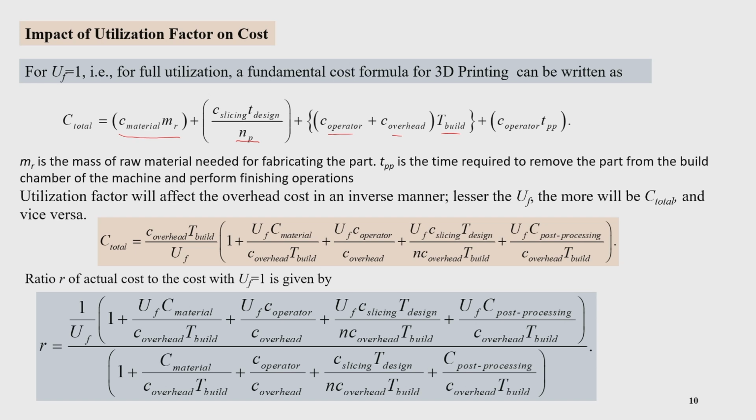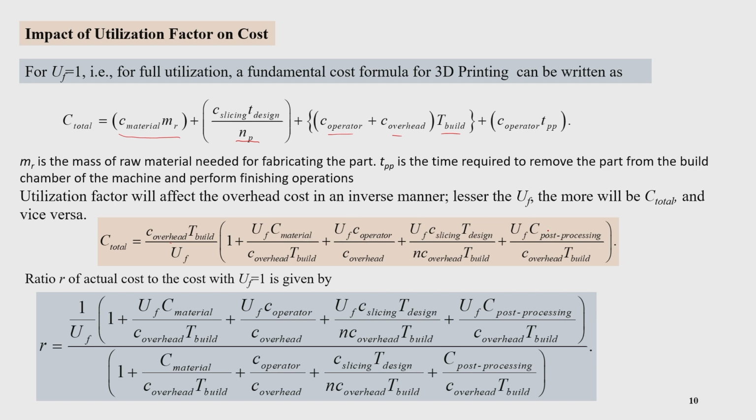Now the utilization factor will affect the overhead cost in an inverse manner. This is assuming that the machine is properly utilized, so you could give that overhead cost, but the lesser the UF, the more will be C total and vice versa. So therefore the overhead has to be divided by UF, because you have to recover overhead by less utilization only. I have just divided it by UF here, but then took the common.